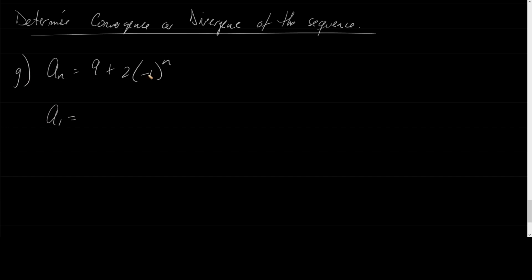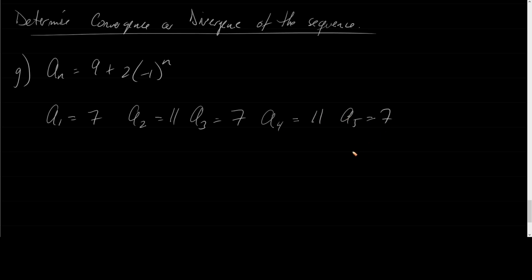So a sub 1, negative 1 to the 1 is negative 1. 2 times negative 1 is negative 2. 9 plus negative 2 is 7. A sub 2, negative 1 squared is positive 1. 1 times 2 is 2. 2 plus 9 is 11. A sub 3, I'll skip the work, it's 7. A sub 4, 11. A sub 5, 7.